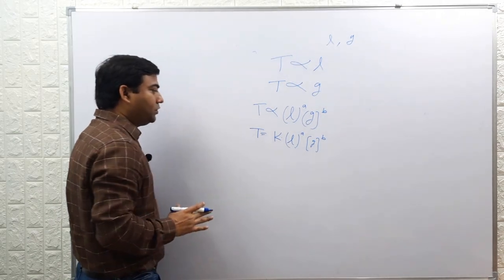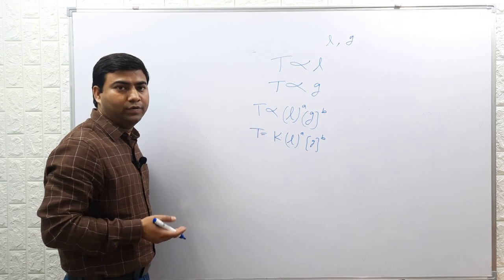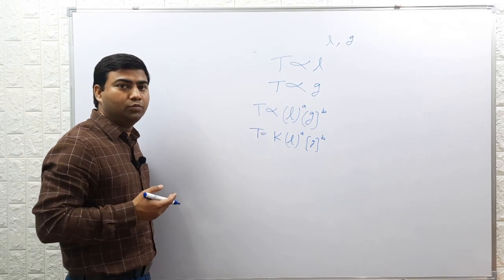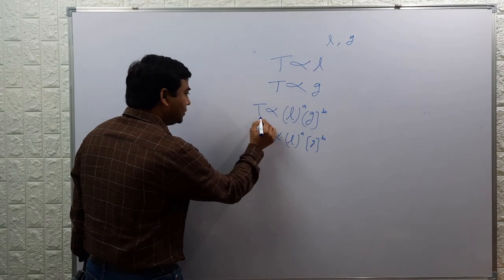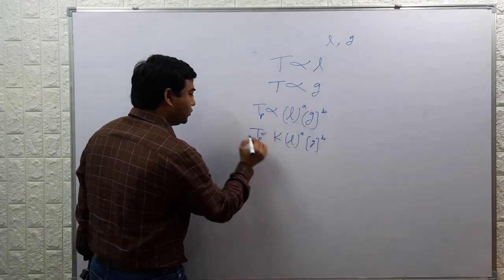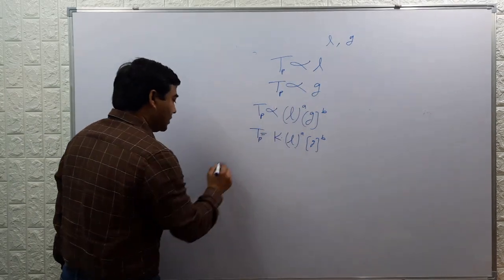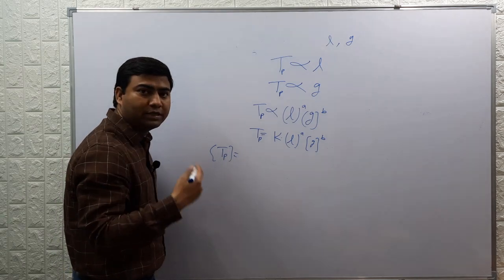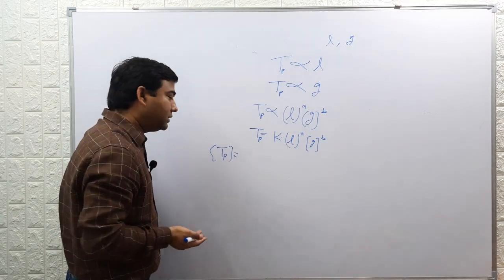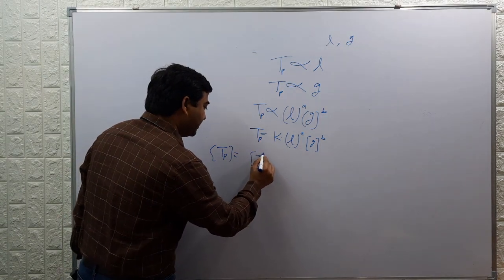Now as per the principle of homogeneity, both these terms which are being equated will have the same dimensional formula. So dimension of time period, we will represent time period by Tp to avoid confusion. Tp. So the dimension of time period: its unit is second, hence its dimension will be T.